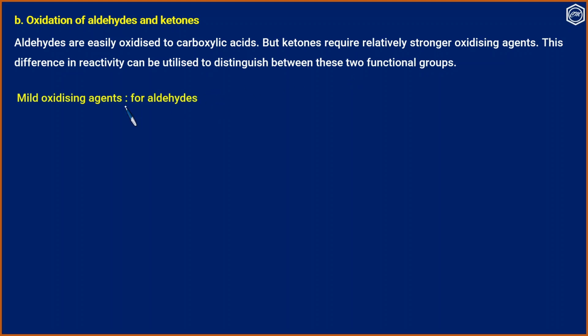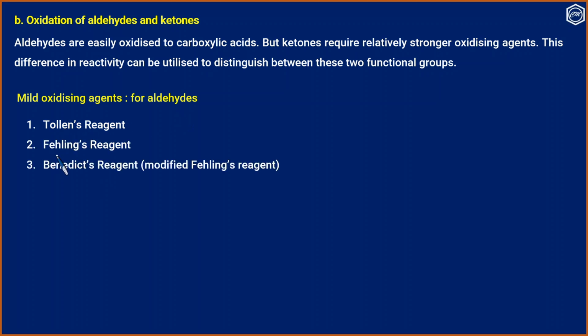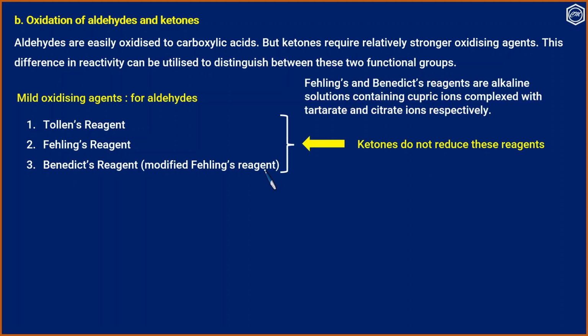Mild oxidizing agents that can be used for aldehydes are: 1. Tollens reagent, 2. Fehling's reagent, 3. Benedict's reagent. Ketones do not reduce these reagents.